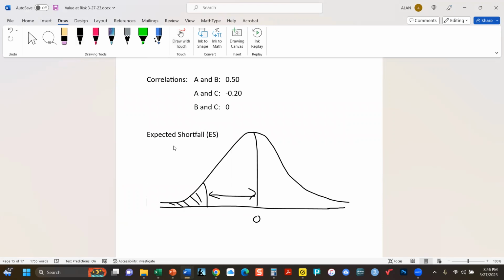With the expected shortfall, here's what we're going to do. So remember we saw before the 5% VAR is just the difference between the mean and that starting left tail. So what we're going to do with expected shortfall is calculate a series of VARs, and it could be anything you want.